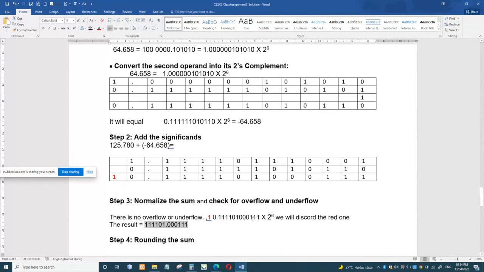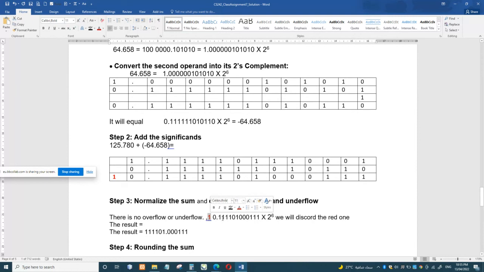Or you can keep it as 1.110100001111. This one will be discarded, we are not interested in it. But before the binary point there is a 0 that we don't expect.